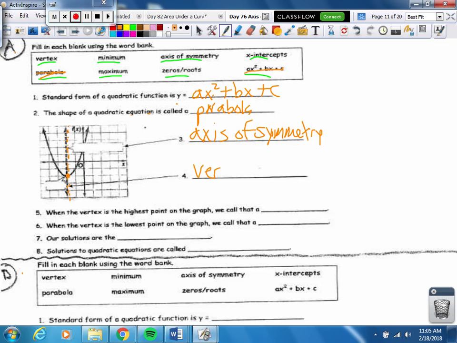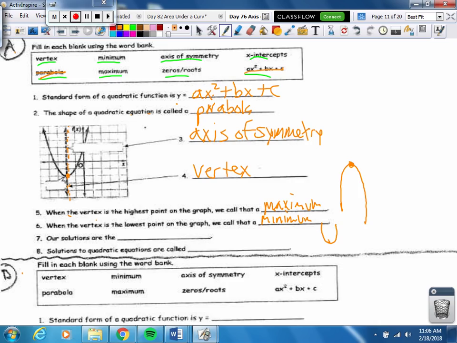Number 5, when the vertex is at its highest point on the graph, like that, when it is flipped, that's called a maximum. When the vertex is at its lowest point, we already did that last page, that is its minimum.